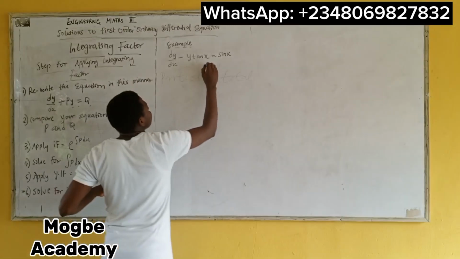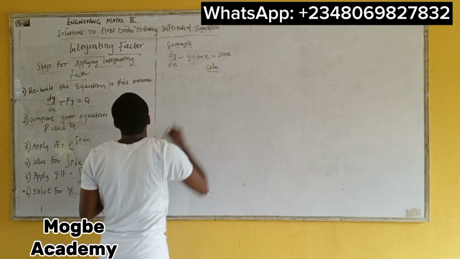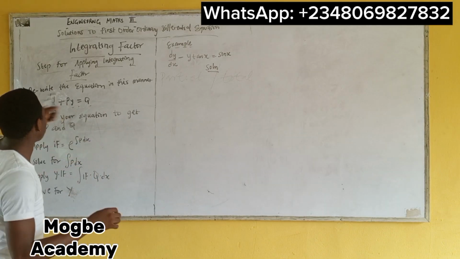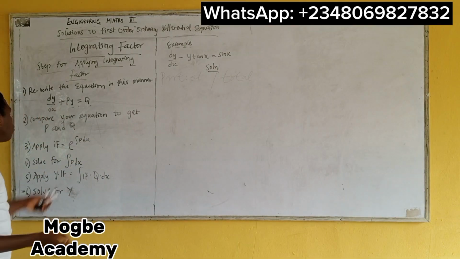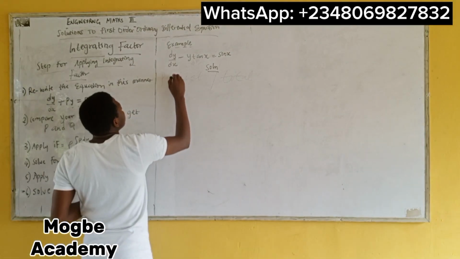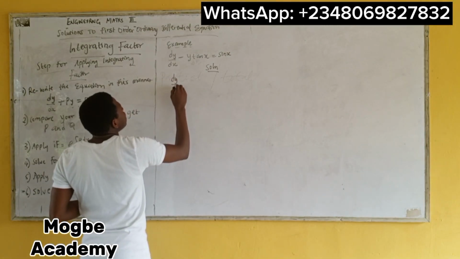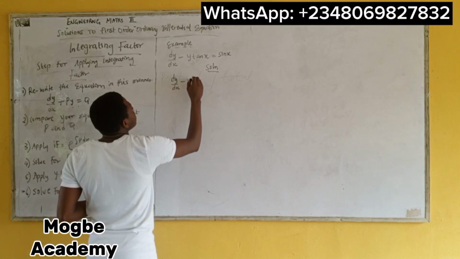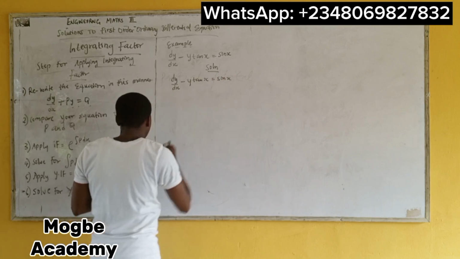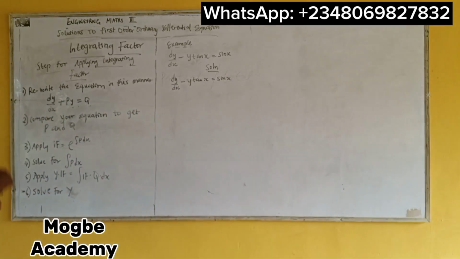Now, solution. Let's go ahead. The first thing is to rewrite the equation in this manner. And looking at our equation, it is already in that manner. So we move ahead. Rewriting the equation, we have dy over dx minus y tan x equal to sine x. Now, looking at it, the next thing is what?